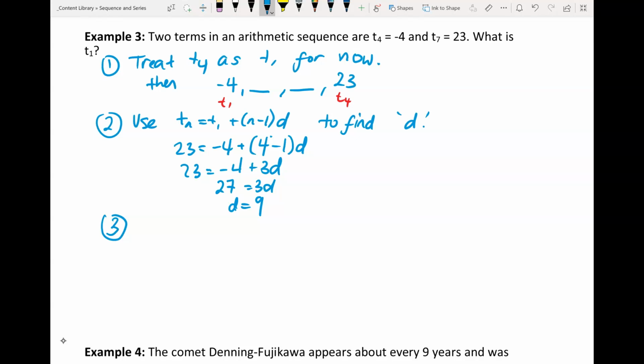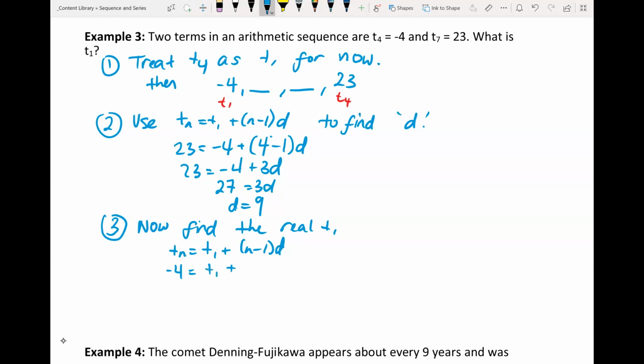Okay, now we're going to find the real T1. And we're going to use the same formula for that. So Tn, we can use either -4 or 23, it really doesn't matter. So I'm just going to use -4. We leave T1 because we don't know what that is.